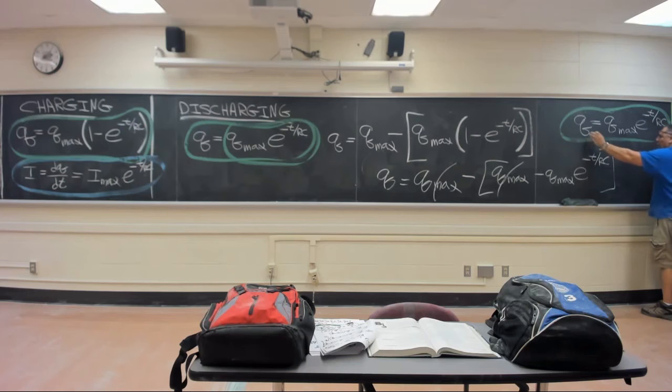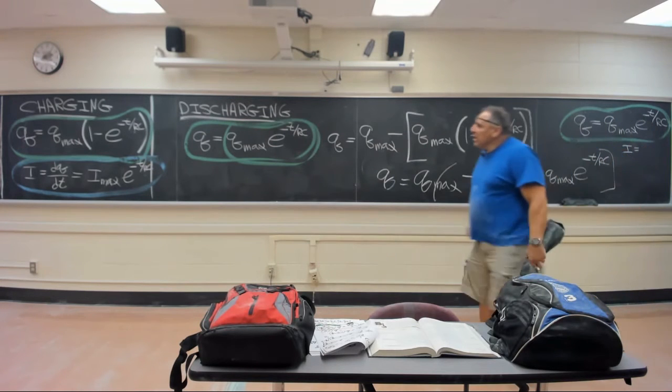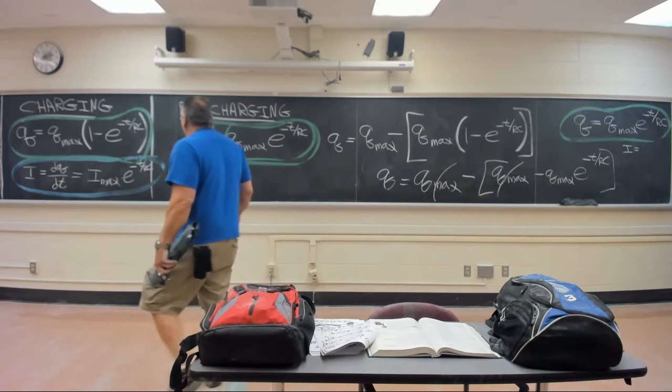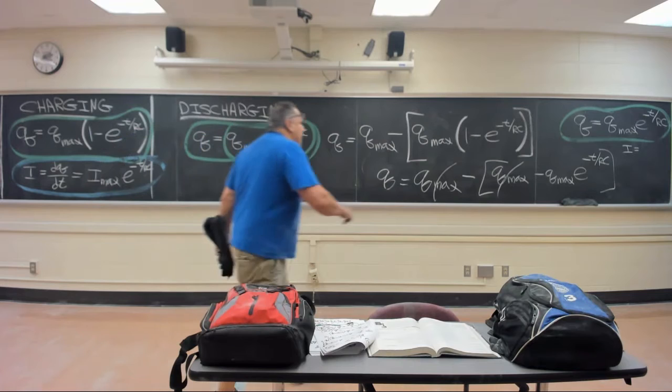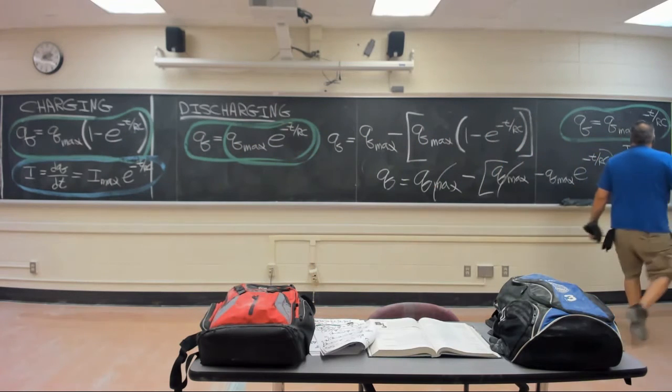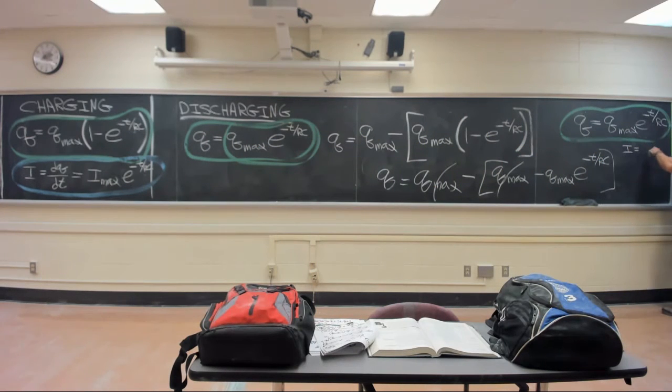Go dq/dt, go d all this dt, and you get I is equal to, here we go, the negative 1 over RC comes here. So let us just see here, guys, just to be sure. Right, it's going onto there. Negative Q, negative RC, right. This one will be Q max over negative 1 over RC.